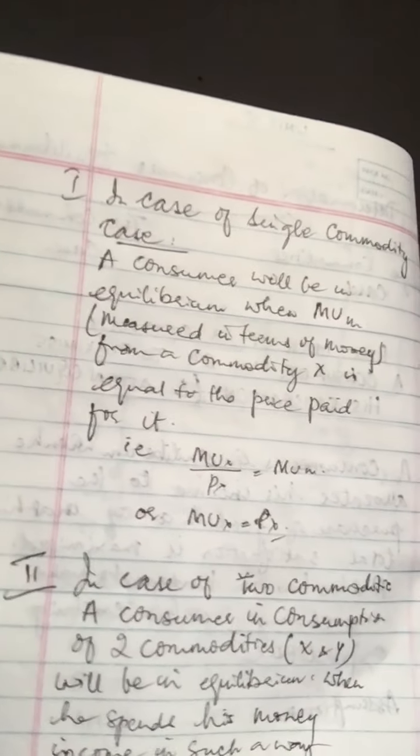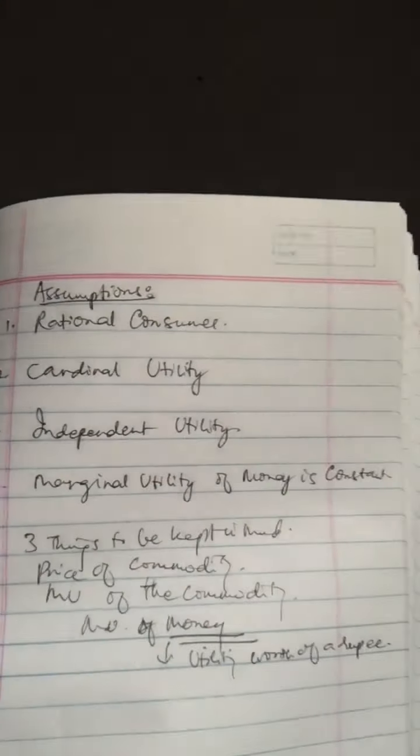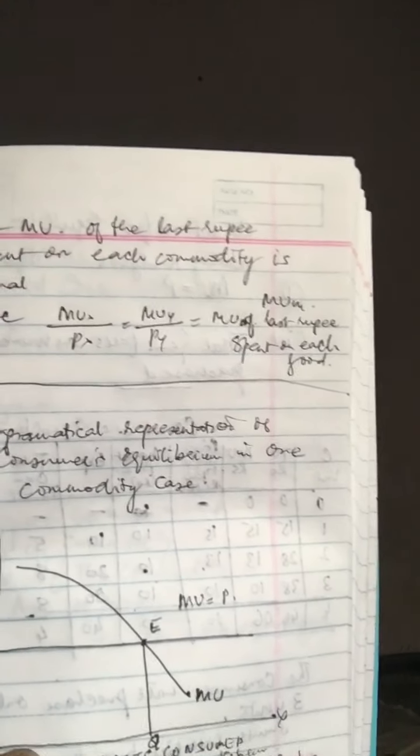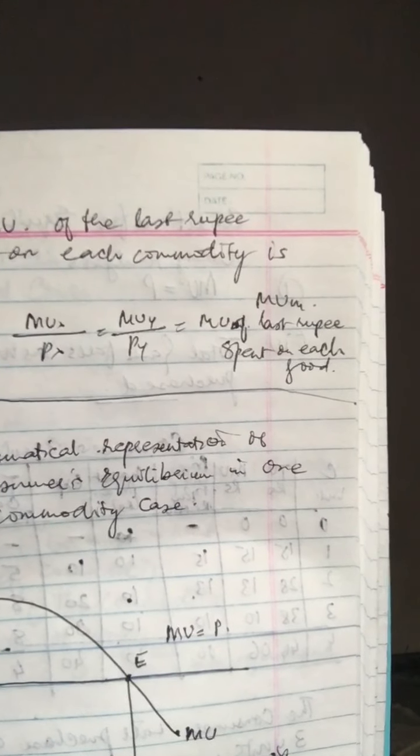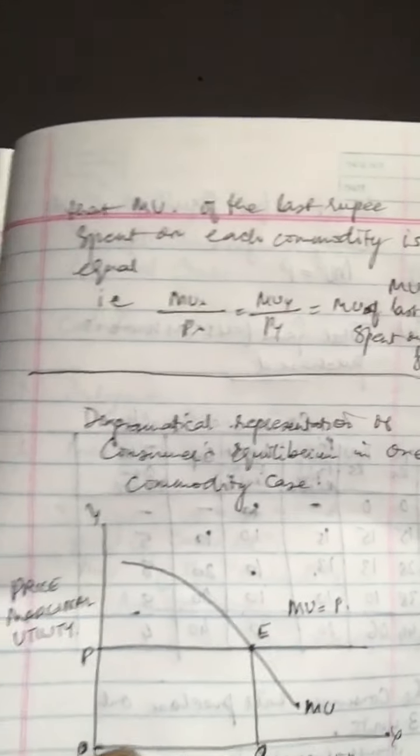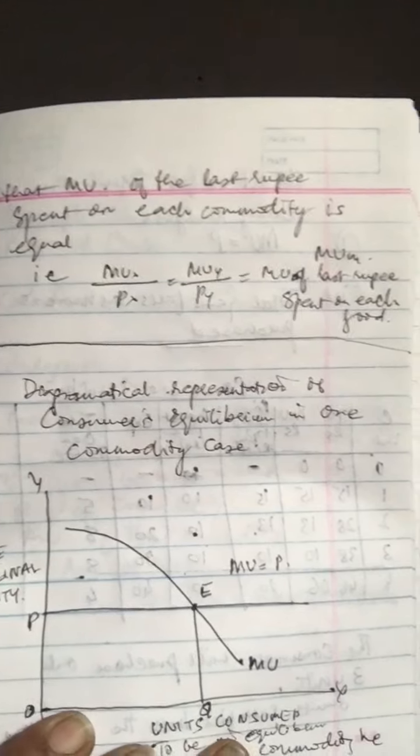That is, MUX upon PX is equal to MUY upon PY. The two commodity model I will do in detail.